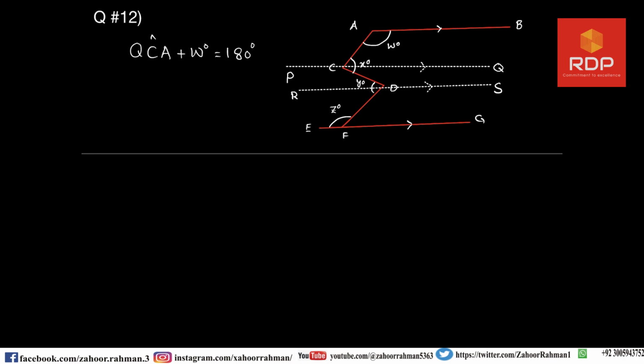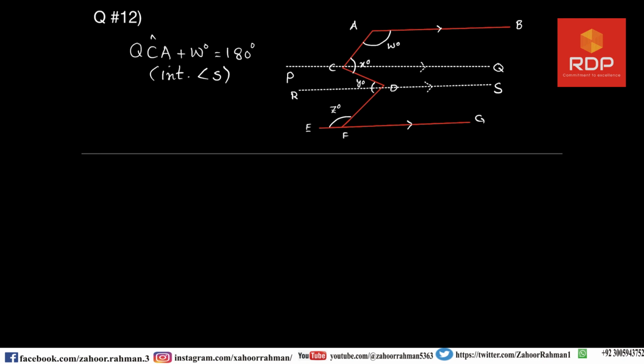Yes, we can write it because PQ and AB are parallel lines. So we can write this due to the interior angles theorem, because PQ and AB are parallel. So we are in a position to write this as well.